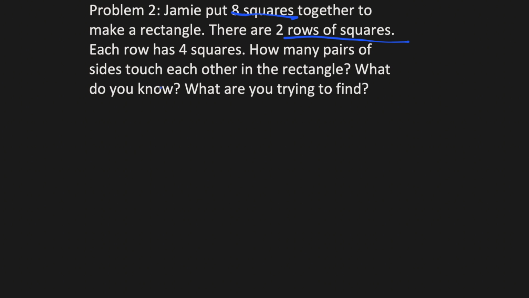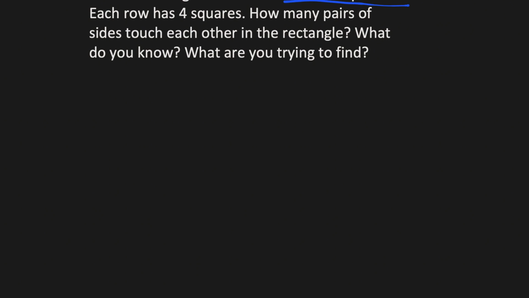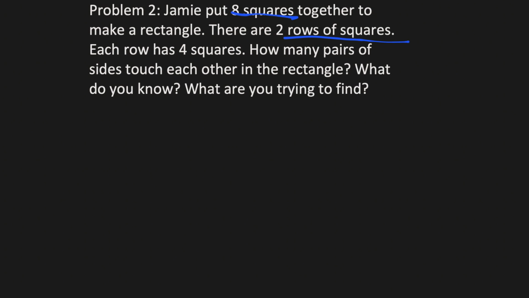Rows is horizontal, columns are vertical. So let's just say that the squares are like this. Let's make it look a little more neat. So since there are 8 squares and you have 2 rows, each row needs to have 4 squares. Actually, wait, I'll just draw it.